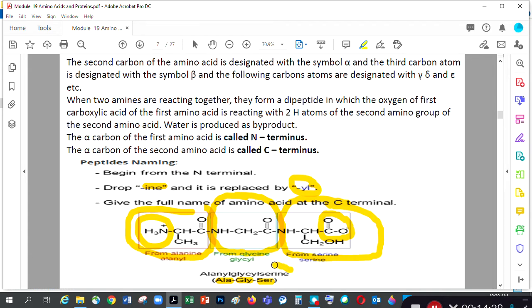So the last one we keep as is. Remember, we have 3-letter abbreviations of each amino acid, the first being a capital letter and the 2 following letters small. So this compound, a protein made of 3 amino acids, is called alanyl glycyl serine.